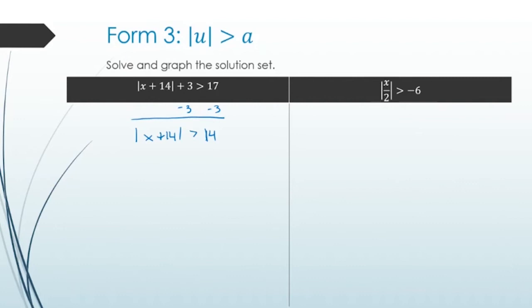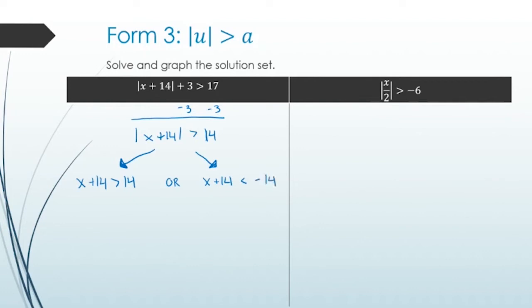Now, if it's a greater than, we end up with two separate inequalities to solve with an "or" in between them. We have x plus 14 greater than 14, where you basically are ignoring the absolute value sign. And then you have x plus 14 is less than negative 14.